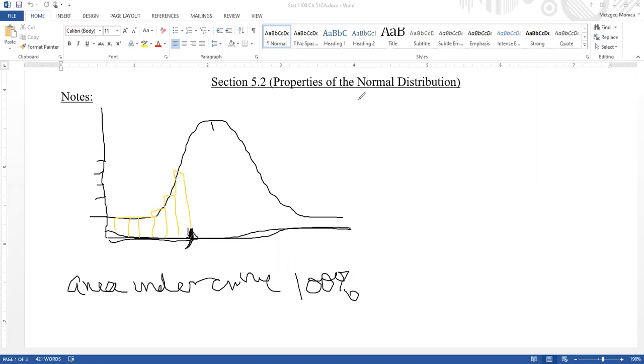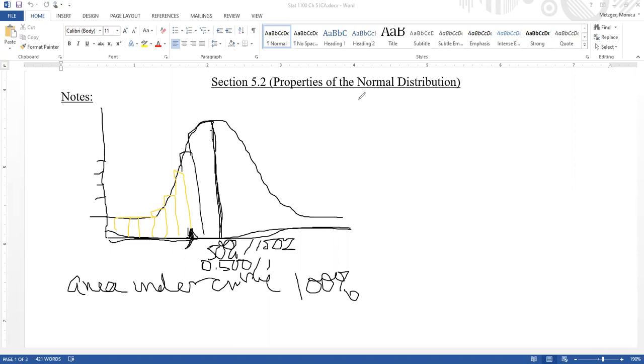Right in the middle of the curve, we're assuming that would be half of our data, so that is 50% of our data, or in decimal form, 0.500, out of 1 or out of 100%.